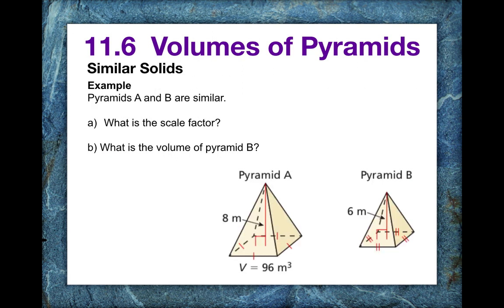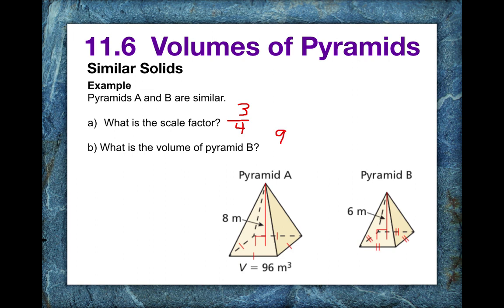Pyramids A and B are similar, so we have similar pyramids. That means that we have a scale factor that goes from 8 to 6. So the scale factor is going to be 3/4. What is the volume of pyramid B? Well, we have pyramid A's volume. We know it's 96.